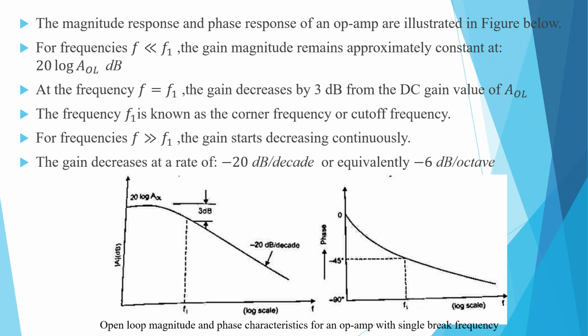Here the frequency f1 is known as corner frequency or cutoff frequency. When the frequency increases very much higher than f1, the gain starts decreasing continuously. The gain decreases at a rate of minus 20 dB per decade or equivalently minus 6 dB per octave. The magnitude and phase curves are shown in the given figures.